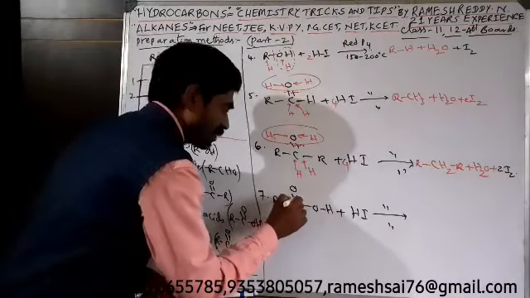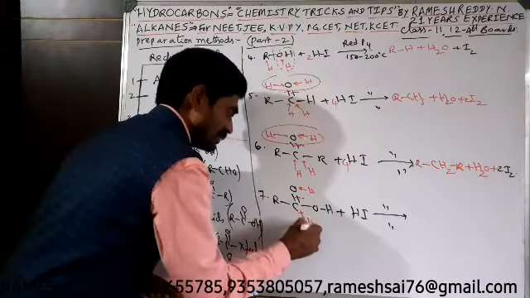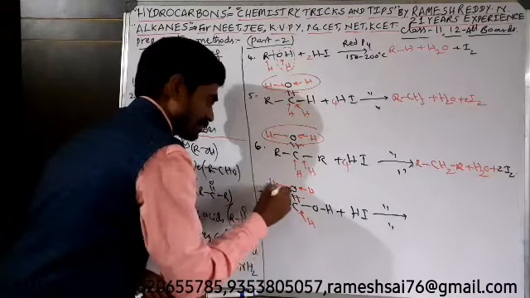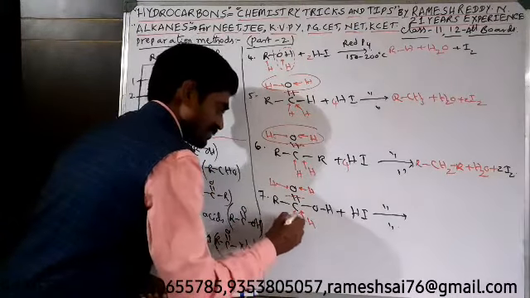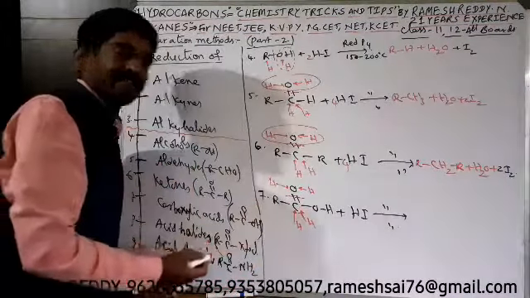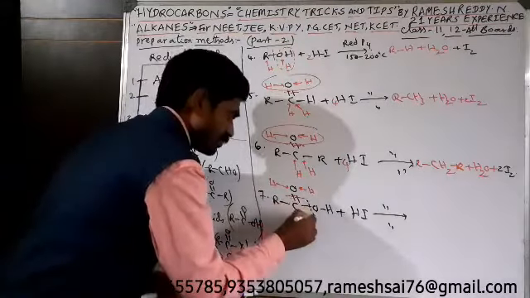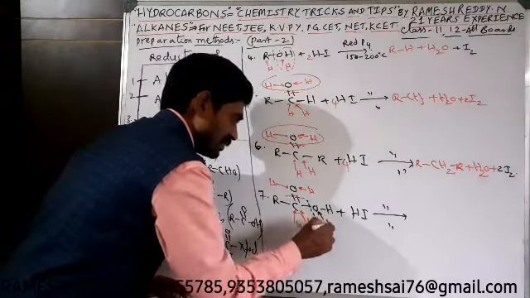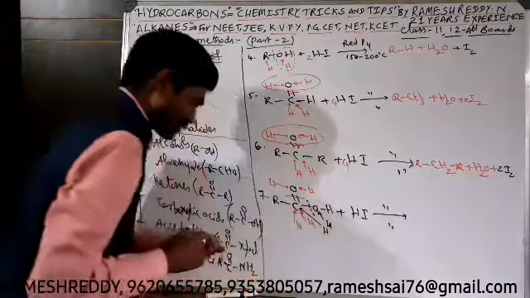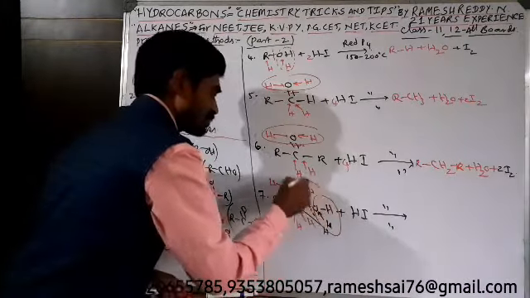So here you break the carbon-oxygen bond, adding one hydrogen to the oxygen and one hydrogen to the carbon. Then this other carbon-oxygen bond also has to break, one hydrogen to the oxygen and one hydrogen to the carbon. Here is another carbon-oxygen bond, and this bond also has to break. To the oxygen one hydrogen, and to the carbon atom one hydrogen is added. Then it is removed as H2O, and again as H2O.